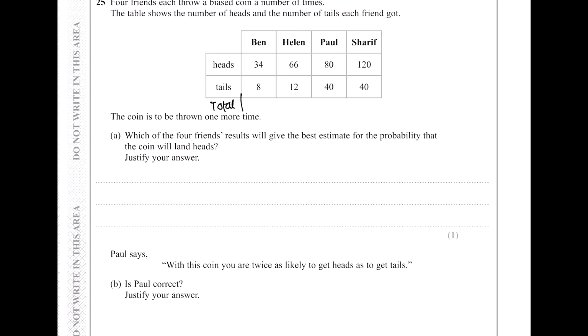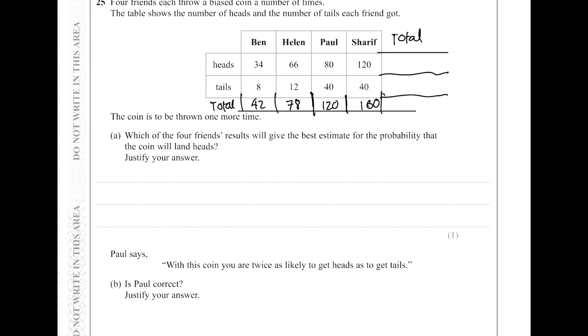So total, so 8 plus this is 42. 12 plus that is 78. 40 plus that, that's 120. And this plus that, that's 160. So we've got something like this. And then, of course, we can total here too, just in case.